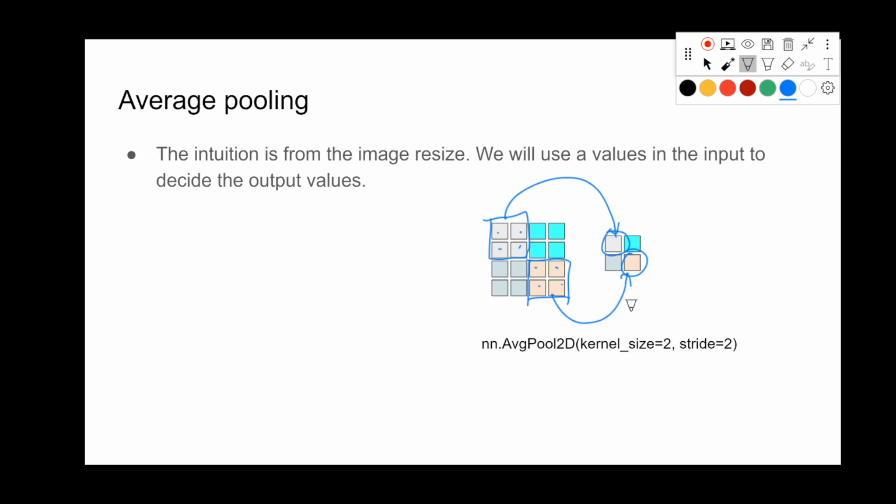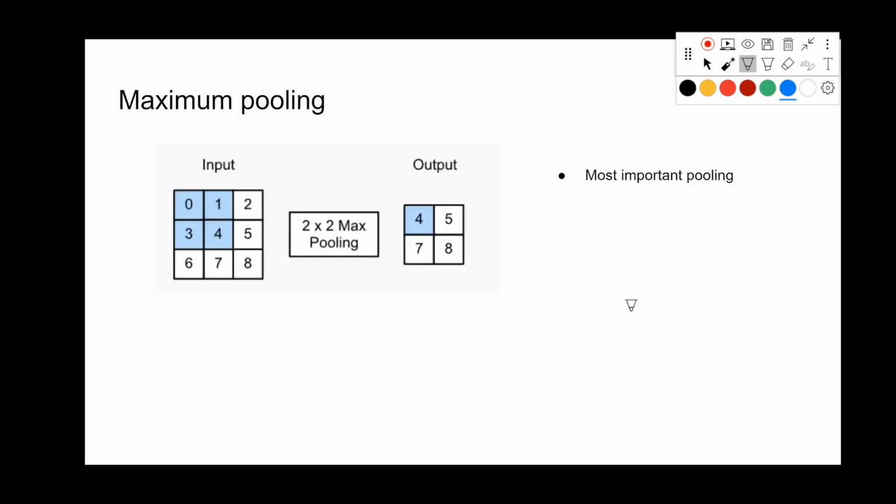But today, we seldom use the average pooling. Instead, we are using the maximum pooling. The maximum pooling is simpler since we don't really need to do any mathematical calculation. We just need to take the biggest number from all pixels.